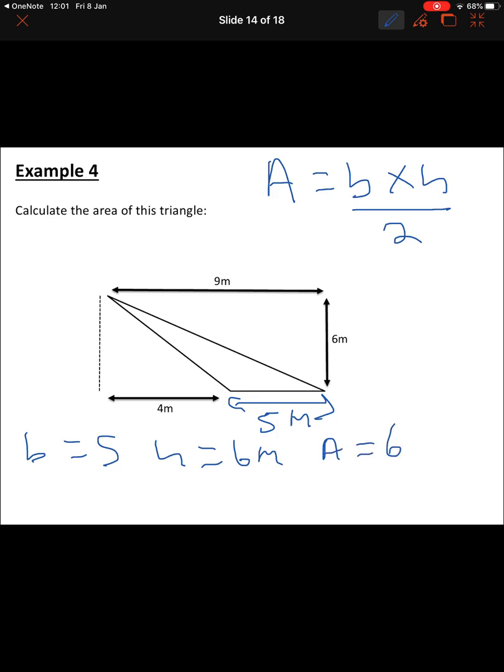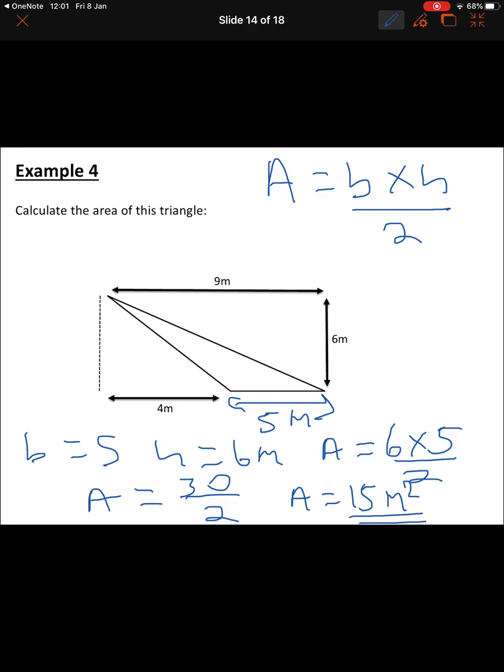So therefore the area must be 6 times 5, divided by 2. So the area would be 30 divided by 2, so therefore that is 15 meters squared. Okay, let's copy that down.